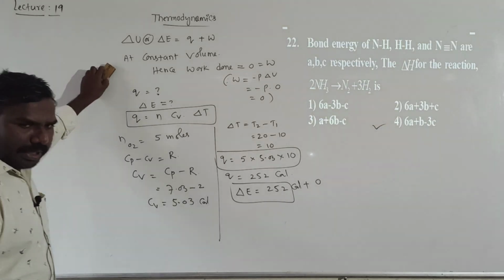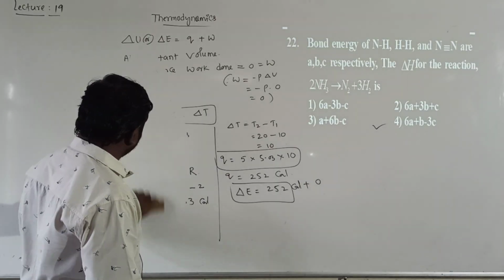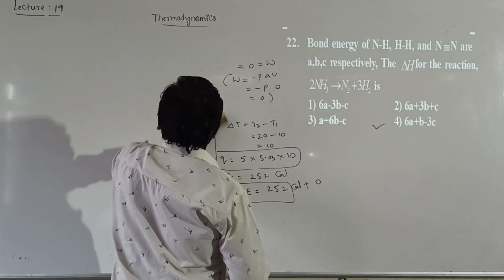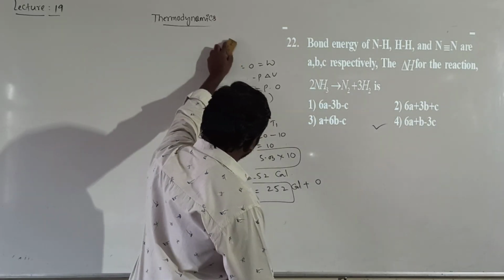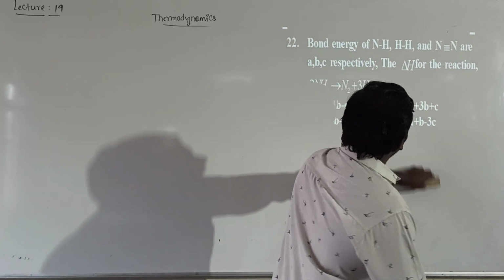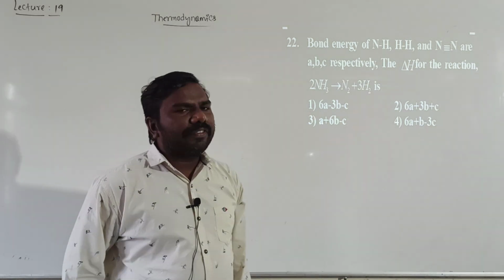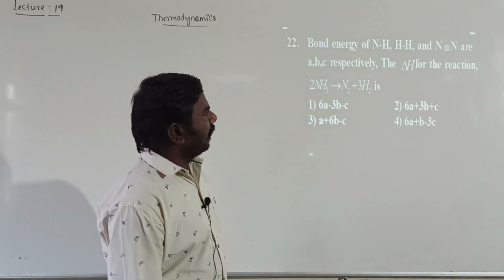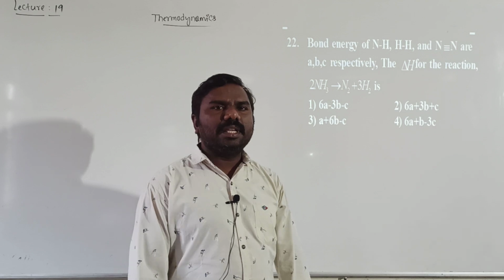Okay, bit number 22. Bond energies of N-H, H-H and N triple bond N are A, B, C respectively.